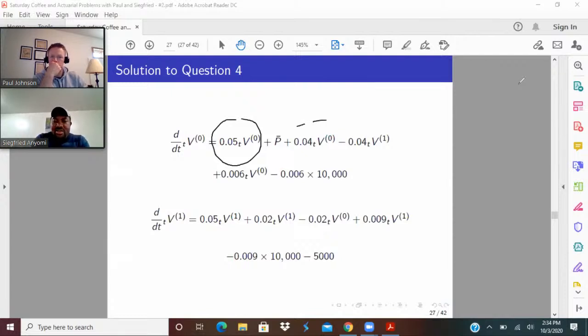So the release of the reserves, which is what I have here, is that 0.04 is just the transition from state zero to state one, if we go back to the transition diagram. Yeah, exactly. So the piece that contributes to the expected change in the reserve while in state zero would be that reserve, the V zero.